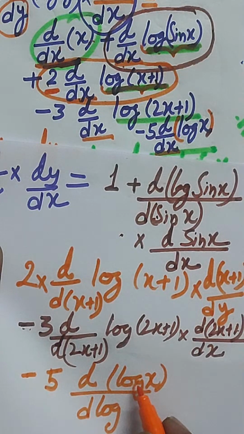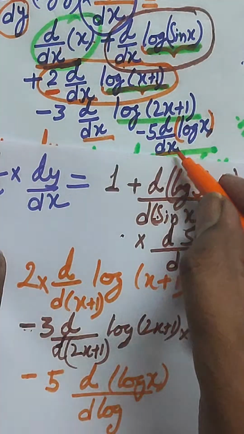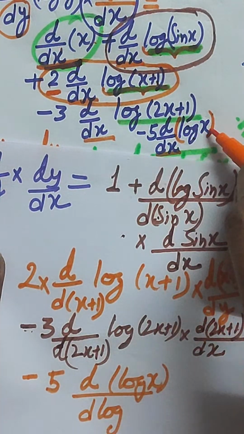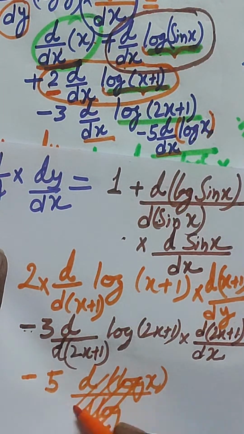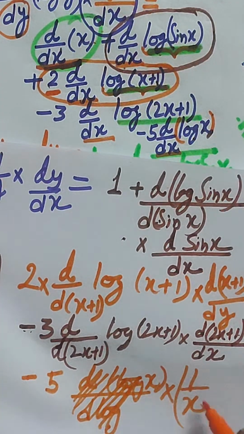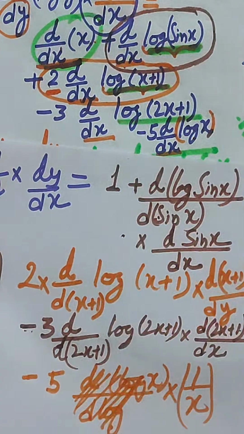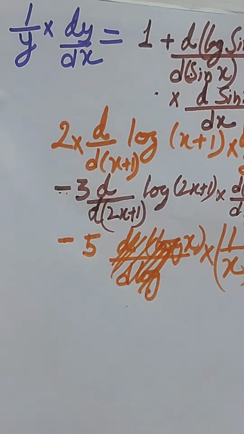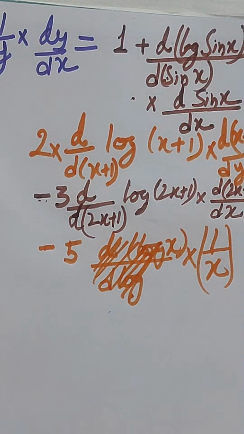So d by dx of log x, already it is in the format of x, so we can directly put for log x it's 1 by x, right? Because d by dx of log x is 1 by x, right? So we are having these values with us. Now let us solve to the next step, right?